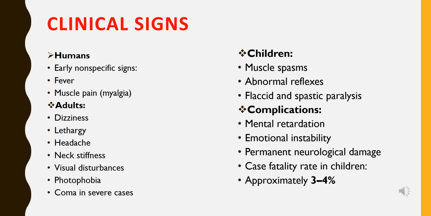In horses, the incubation period lasts from a week to 3 weeks. It starts with nervous agitation and then turns into extreme lethargy and drowsiness. The horse loses its balance and develops facial muscle paralysis and difficulty swallowing.